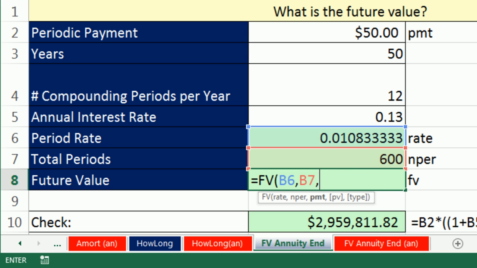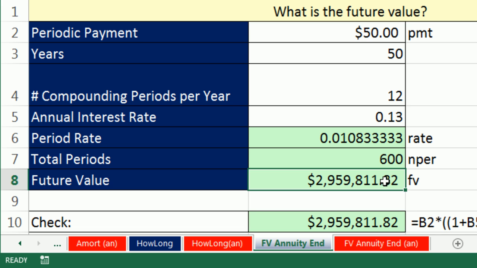The PMT, oh, this is going to be negative, right? Because we're putting it in the bank. So I'm going to put a minus sign right there and click on 50. That makes sense because on the day we retire, the future value better be coming to us, which is positive. No present value, that would mean some amount you started off with in the bank, a lump sum. And the type is going to be end.